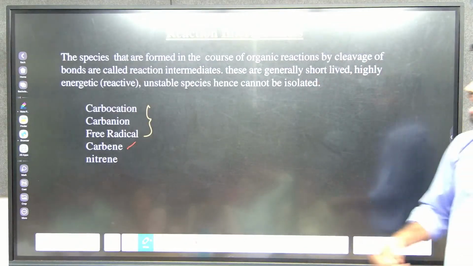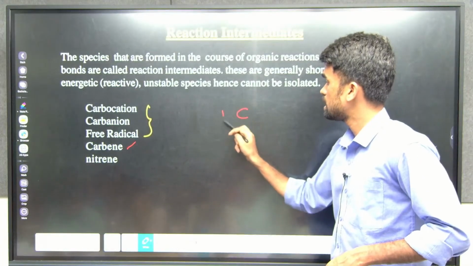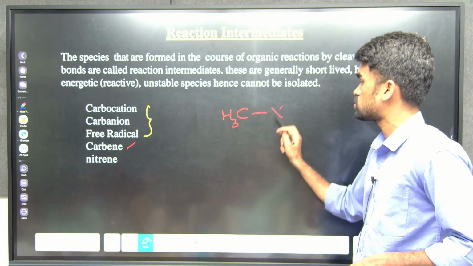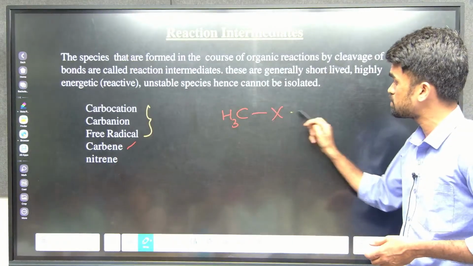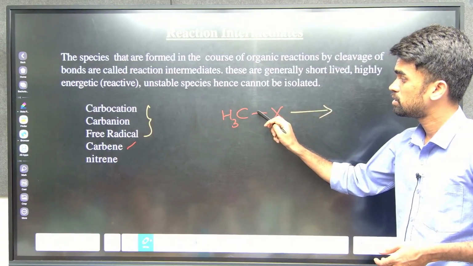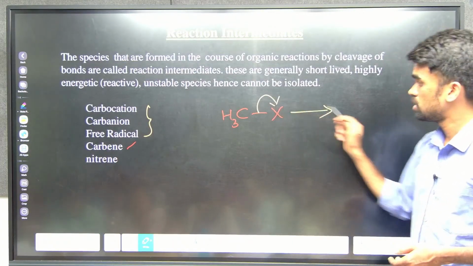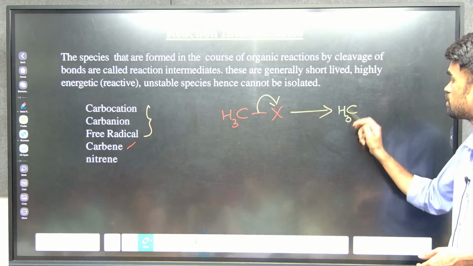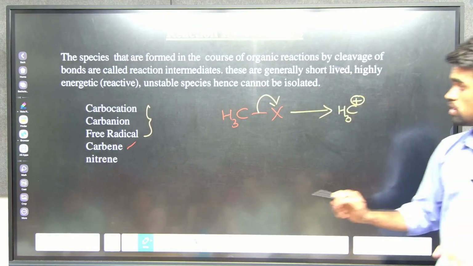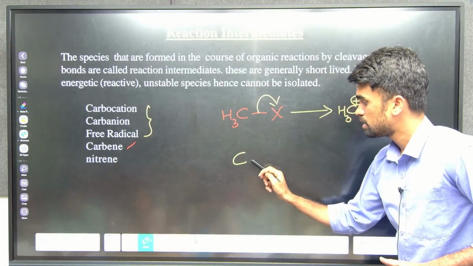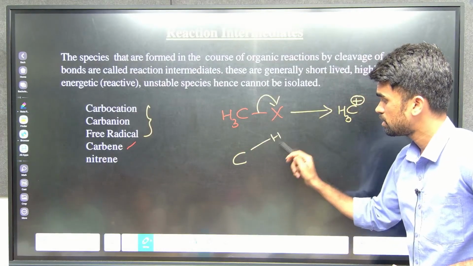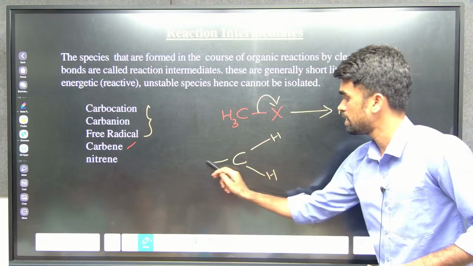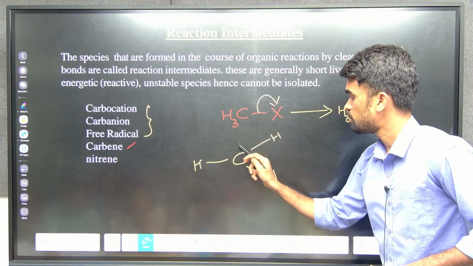See, when a carbocation is formed, if a more electronegative atom is attached to the carbon and you break this bond, how are you going to break it? Heterolytic cleavage. So now you are going to get CH3 plus. Look at this carbon: how many hydrogens? 1, 2, 3 and 1 positive charge.